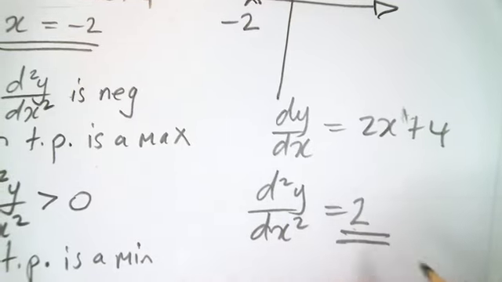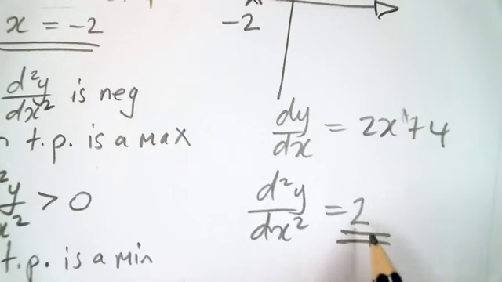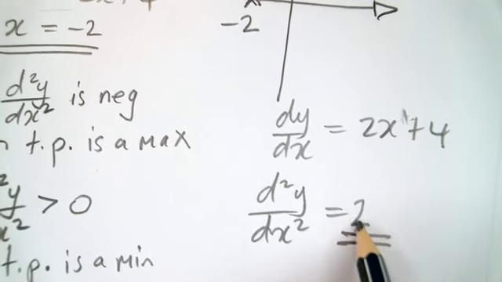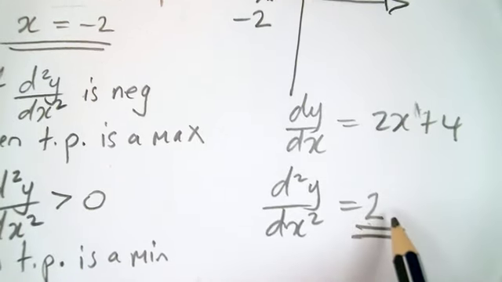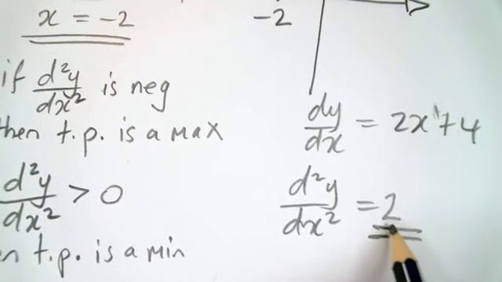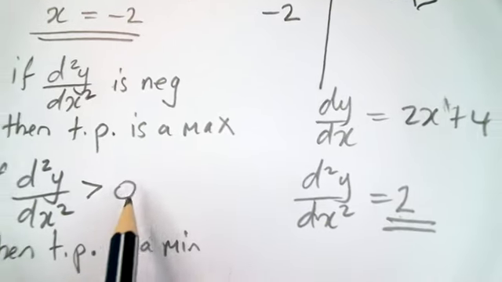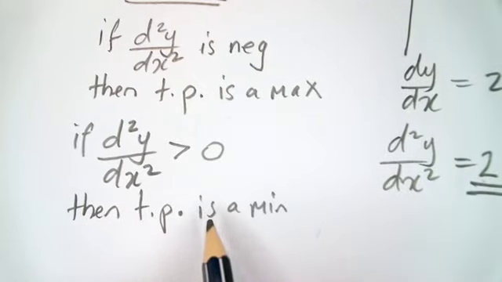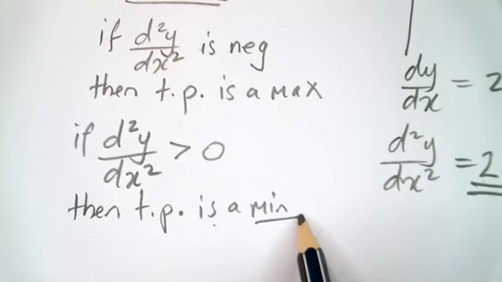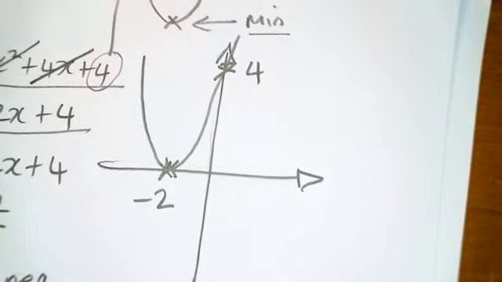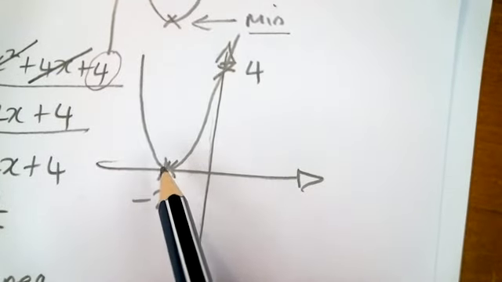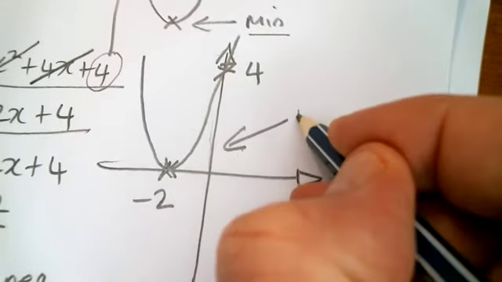And I've got my answer. There is the second derivative, and it's 2. So what do we know here? Is this number a positive or a negative? Well, we know that this number is positive. We know that it's greater than 0. Then the turning point must be a minimum. So this is the proof using calculus that this is in fact a minimum.